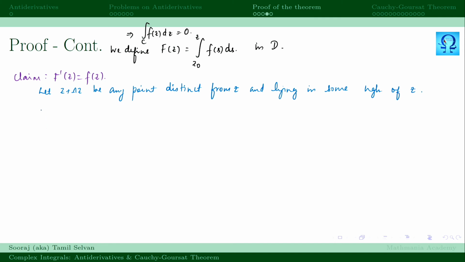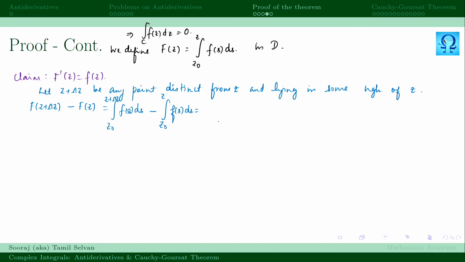Okay, so now we consider big F of z plus delta z minus big F of z, which is nothing but the integral z naught to z plus delta z f of s ds minus the integral z naught to z f of s ds.